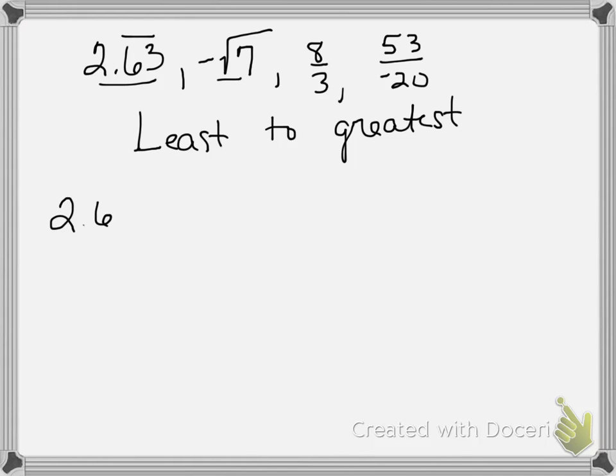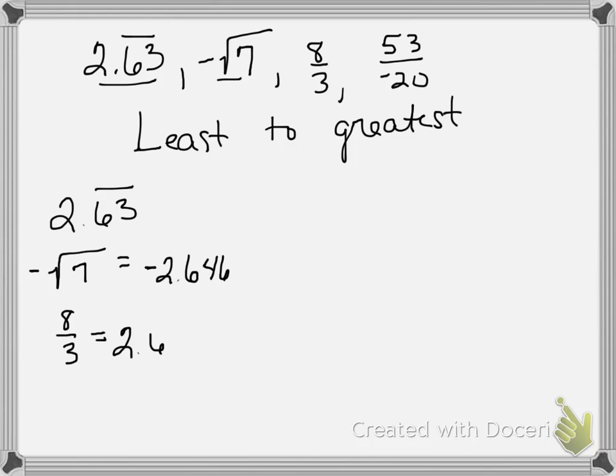I've got 2.63 repeating. It's already a decimal. The negative square root of 7, I'm just going to type that in my calculator, since you probably don't know that already, is negative 2.645, so we're just going to round it to negative 2.646. I'm making, to use my vocabulary here, a rational approximation. 8 over 3 is equal to, once again, we can just divide this out.